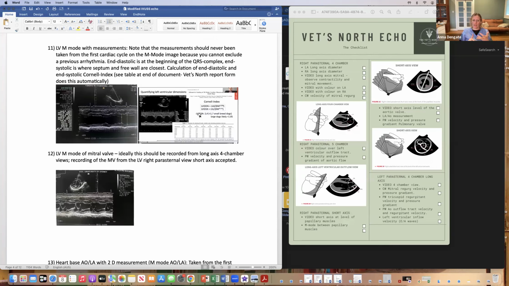What we're measuring here is the interventricular septum, left ventricular internal diameter and free wall, and the difference between diastole and systole. So this is giving us information on our diastolic volume, so DCM and other volume overload diseases are going to be diagnosed based on this, as are other diseases.